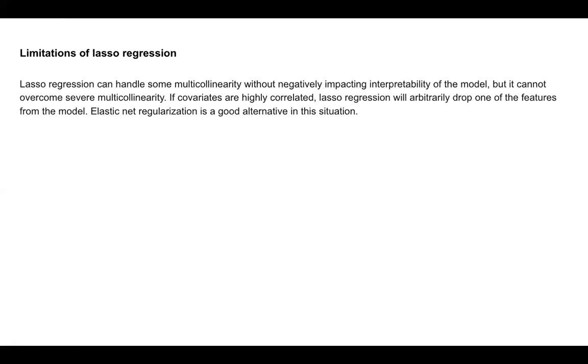In that scenario, you cannot use lasso, because lasso will randomly eliminate some features which were very important in prediction. So such models will not perform well when put to real life applications, because certain features were eliminated at the time of training and testing. So that's the main limitation of lasso regression.